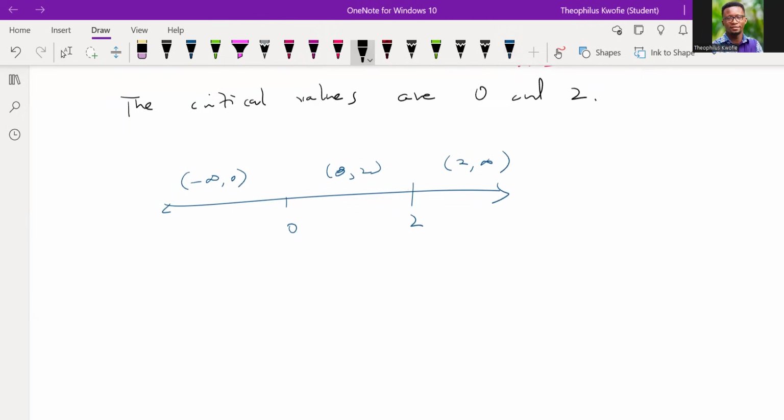So in our table, we look at the test value, okay? You're going to have the sign of g prime of x, and then the result.